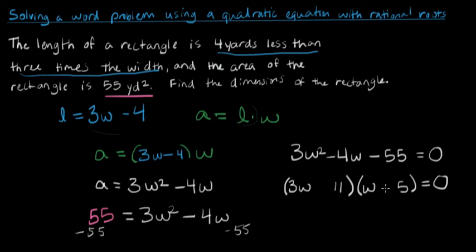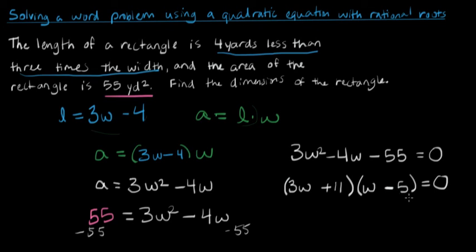To make the 15 negative, we need to have a negative 5, and to make the 11 positive, we have the positive 11. This way, when we do our outer and our inner, the outer is going to be negative 15w, and the inner is going to be 11w, and that will give me negative 4w. Okay, so that works.